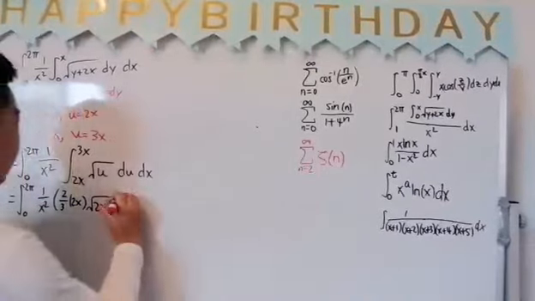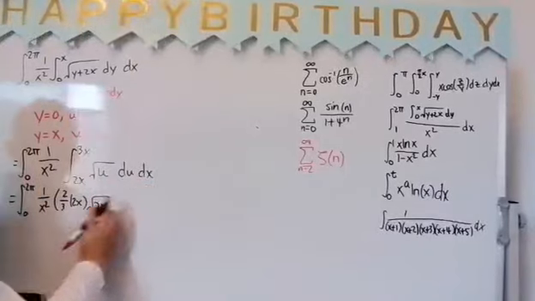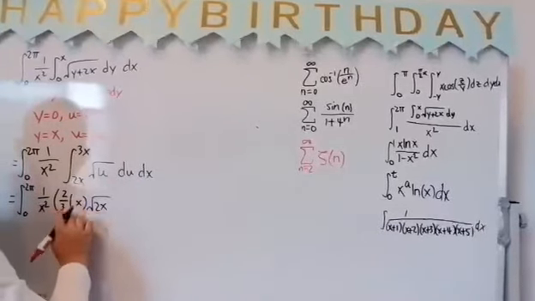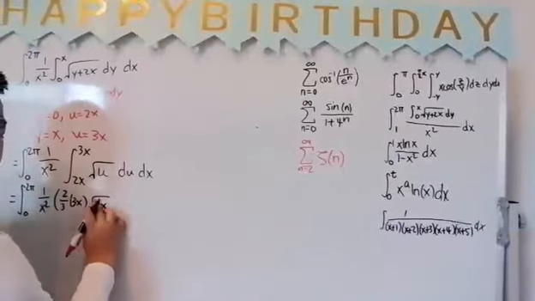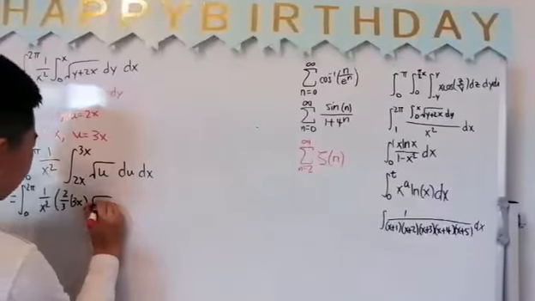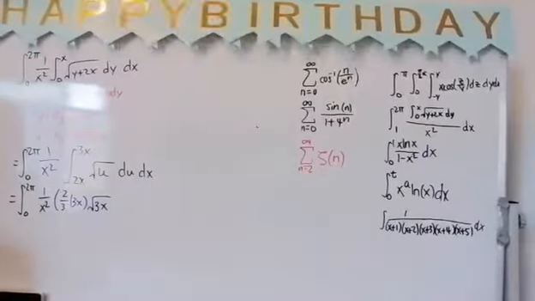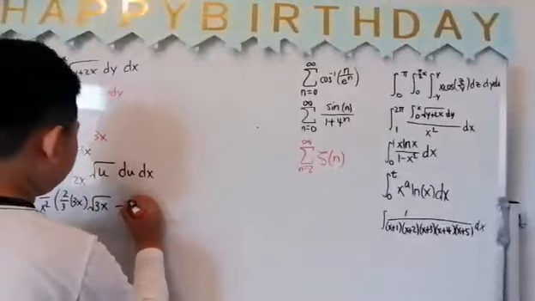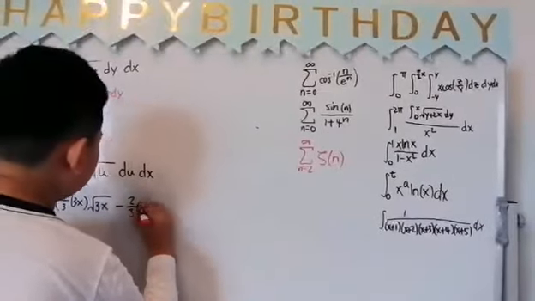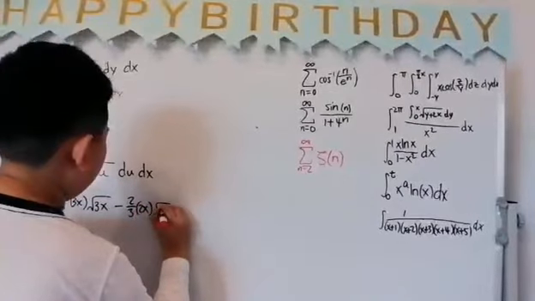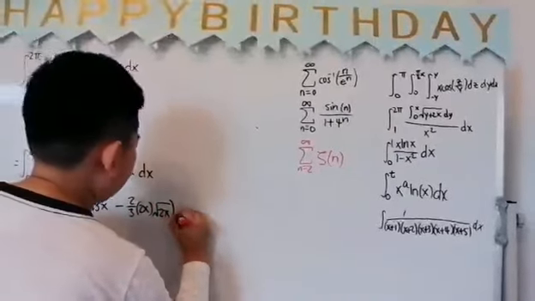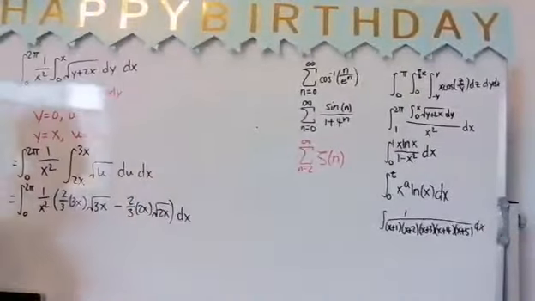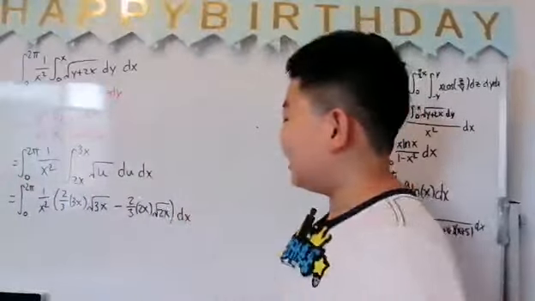And then, of course, we have, no. You plug in 3x first, sorry. So plug in 3x, we get this, and then we're going to subtract, plug in 2x, we get 2/3 times 2x times the square root of 2x. And then all integrated with respect to x, of course.